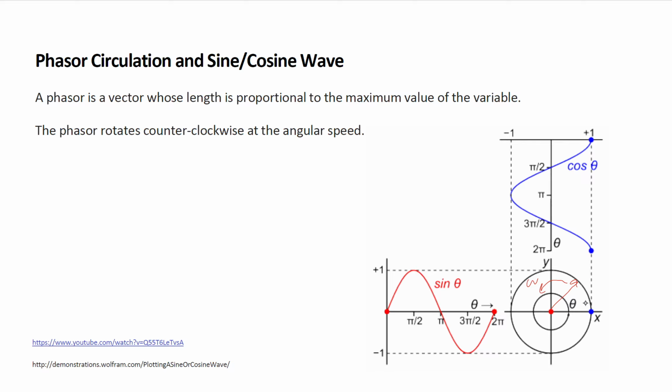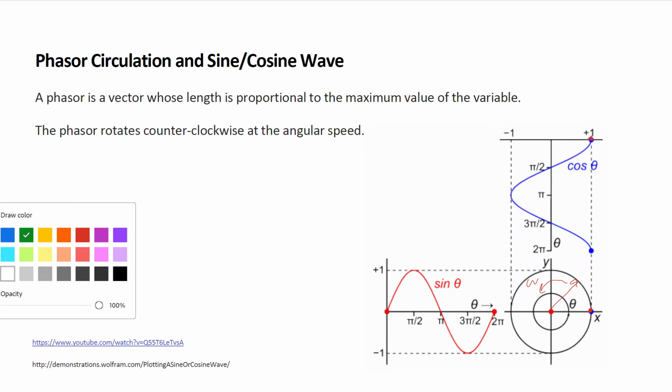At each individual time, the projection of the value on the x-axis is the amount of cosine that we have, and the projection on the y-axis is the value of the sine of that frequency. Let me use another color.